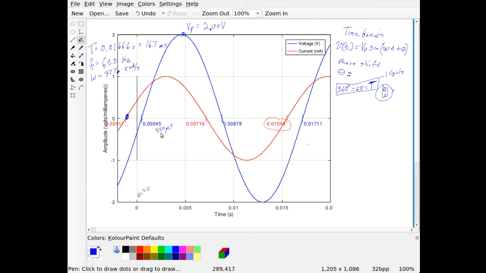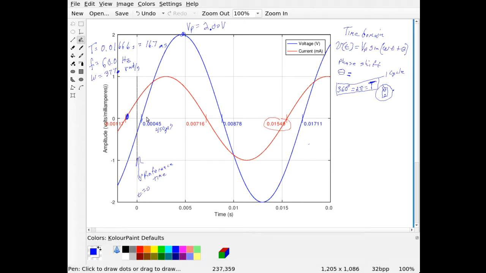So the voltage waveform is 450 microseconds behind our reference. This is our reference point. It's actually an arbitrary reference point, and I'll talk more about that when I do a video for the oscilloscope. But time t equals 0 is simply a reference point in time.